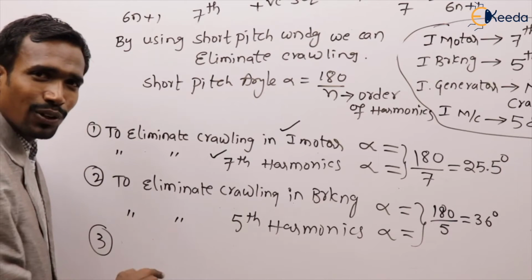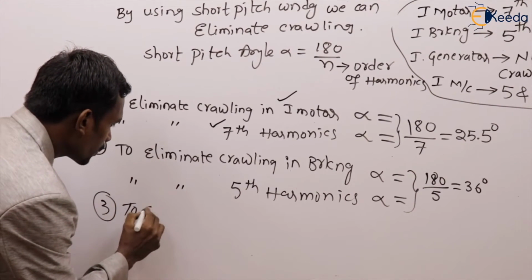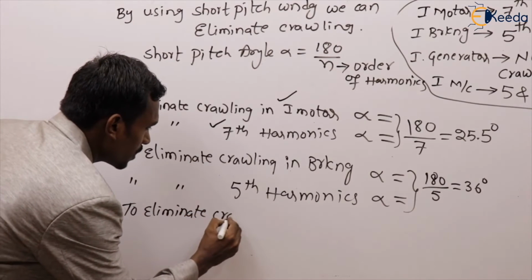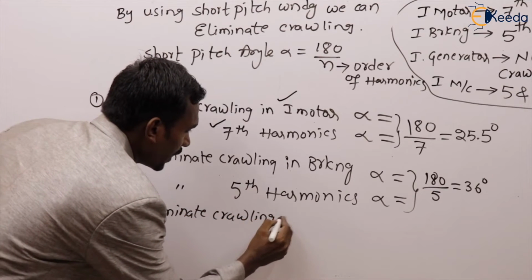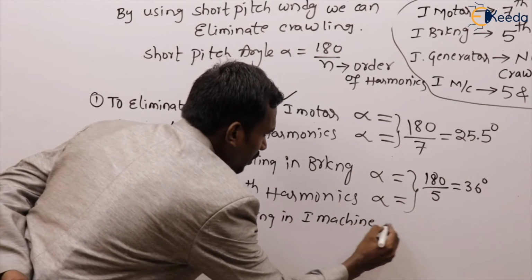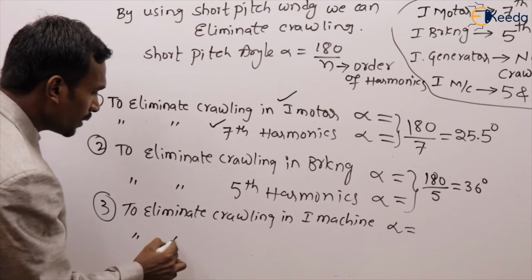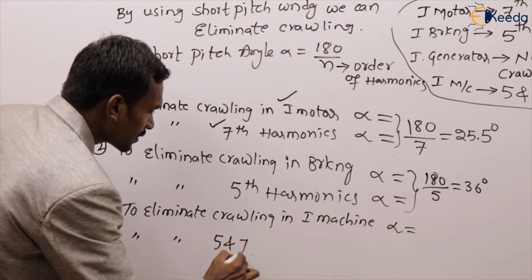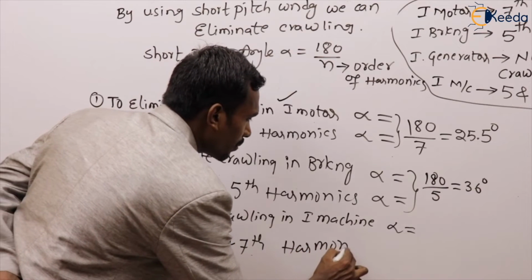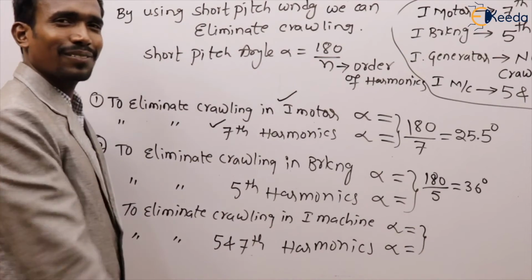Is it visible? Okay, visible. To eliminate crawling in an induction machine, or to eliminate 5th and 7th order harmonics, alpha is equal to, can you tell me the answer?